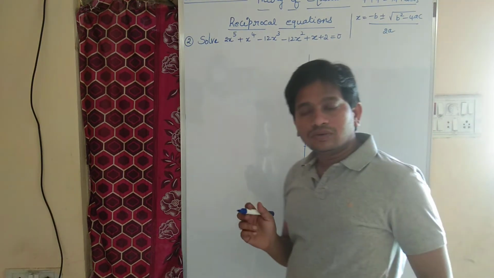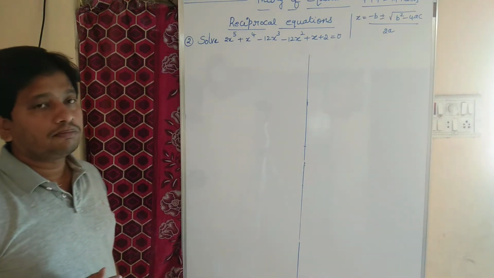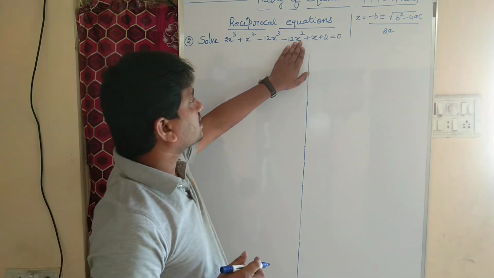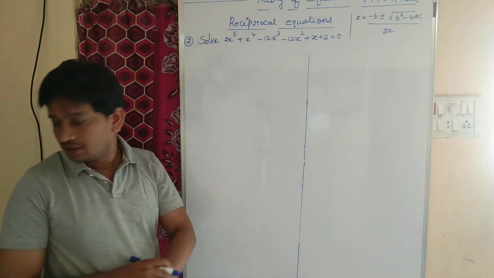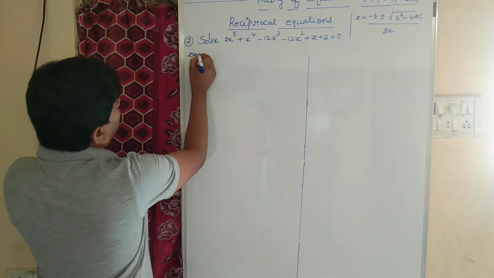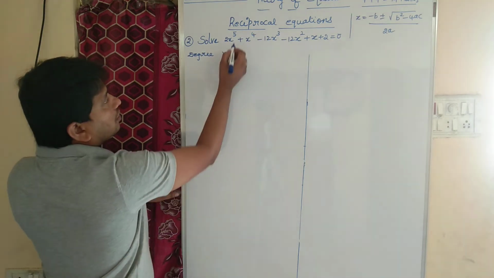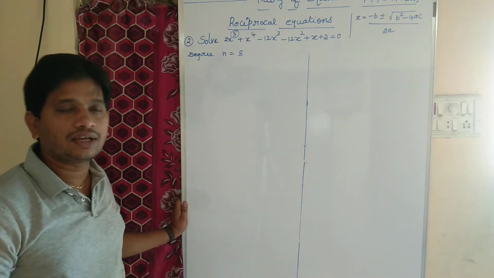Now coming to question number 2, again solve 2x to the power 5 plus x to the power 4 minus 12x cube minus 12x square plus x plus 2 equals 0. Here, what is the degree of the given equation? The highest power is 5, hence the degree is 5.